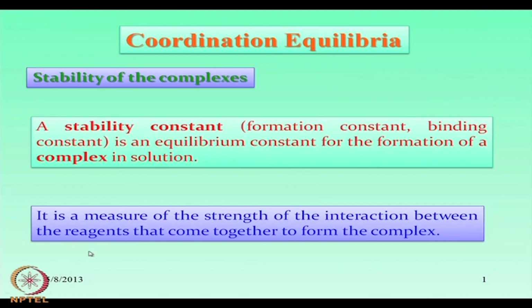In those cases, we can have one component binding to the other. In that case also, the species forming on the right hand side due to the binding of the two fragments on the left, we call a complex species, and in all these cases we can have the corresponding constant, which is known as the stability constant or the formation constant for the complex species.